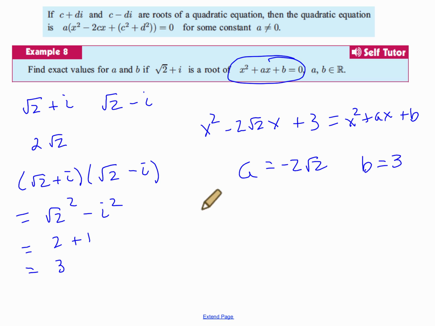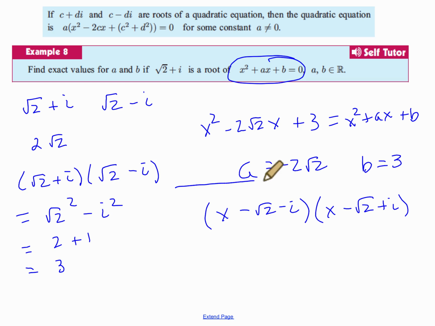And again, if we didn't remember this, we could have taken x minus root 2 minus i times x minus root 2 plus i. And let me just cut this off right here because it's a separate thing.